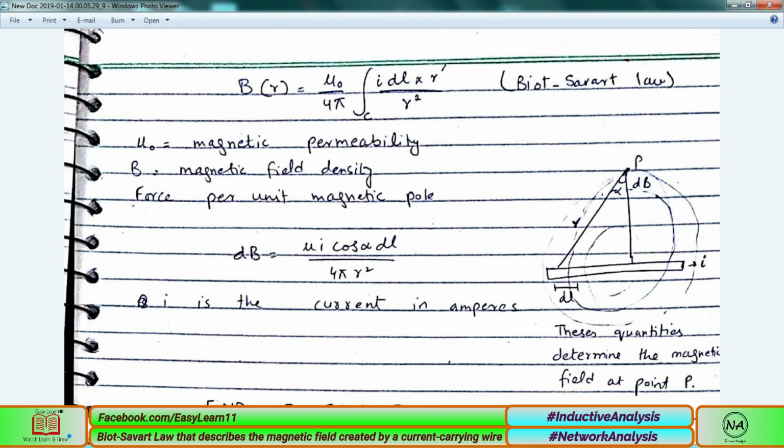We are interested in the magnetic field density B, and mu naught is the magnetic permeability of the atmosphere. Permeability is a function of the medium in which the magnetic field exists, and I is the current in amperes. Other quantities can be defined using this figure.